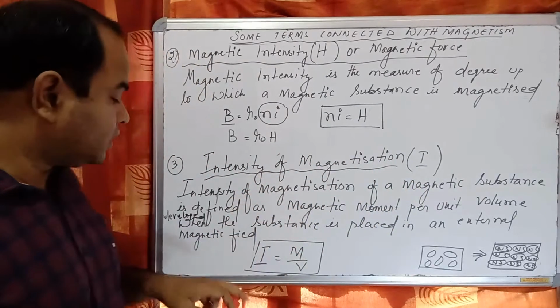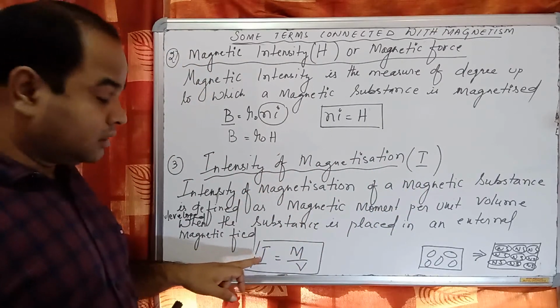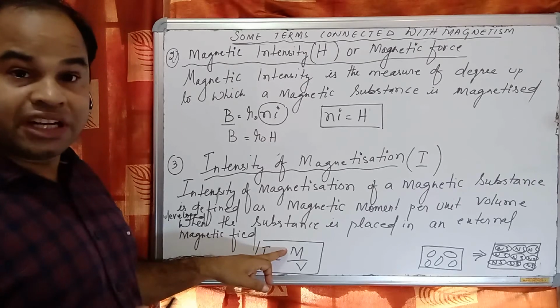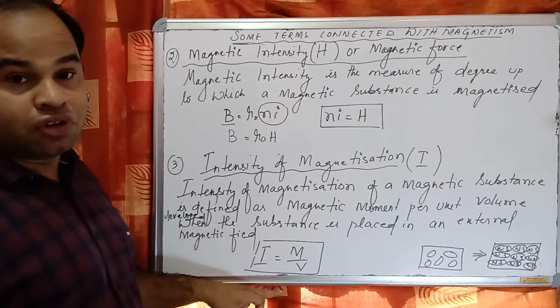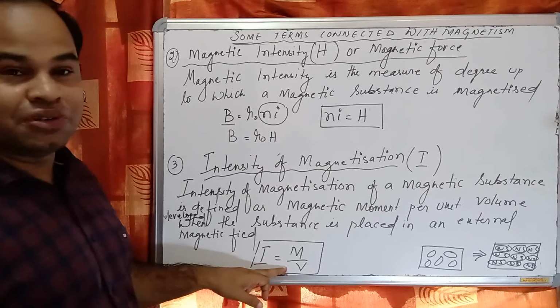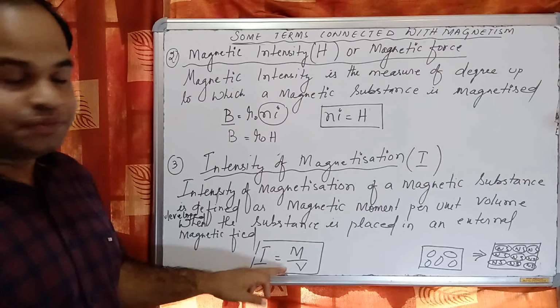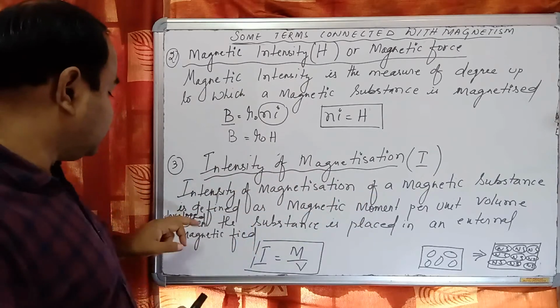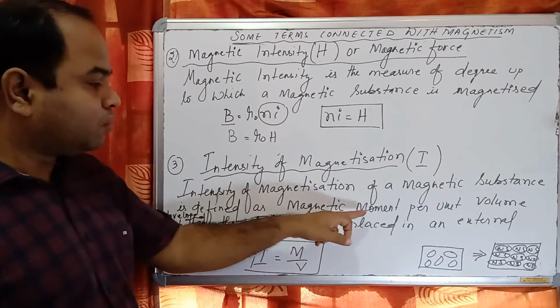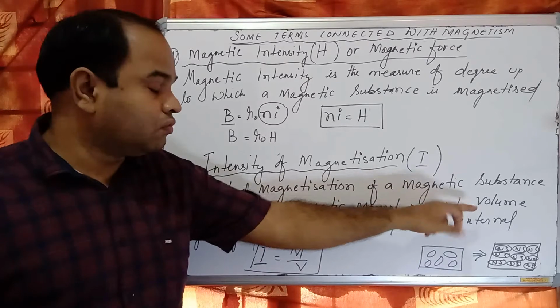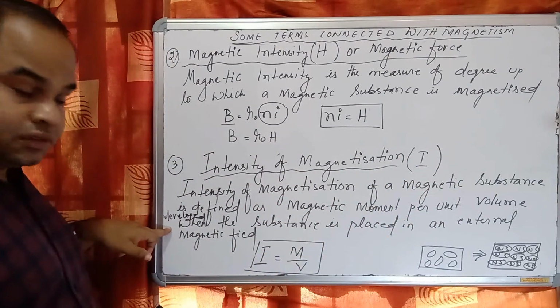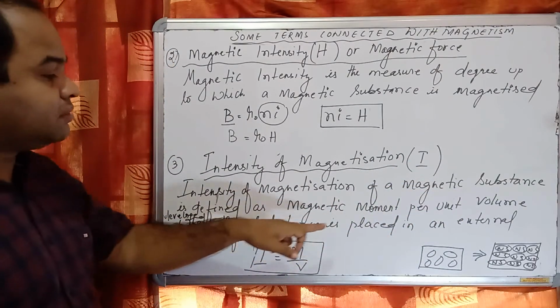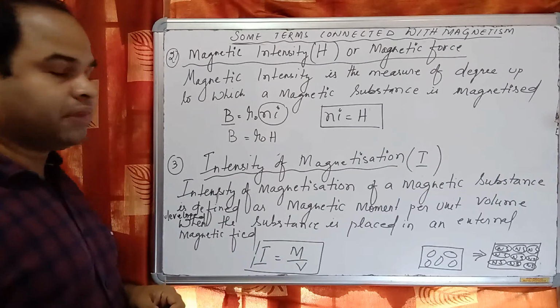So intensity of magnetization is defined as magnetic dipole moment developed per unit volume of the substance. Intensity of magnetization of a magnetic substance is defined as magnetic moment per unit volume developed when the substance is placed in an external magnetic field.